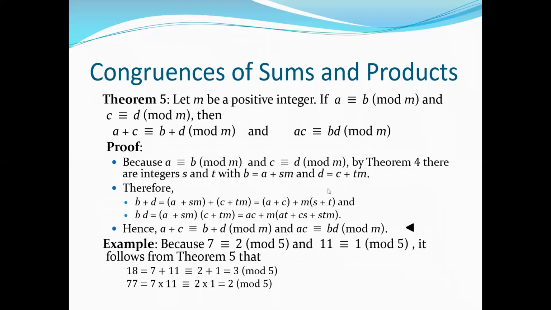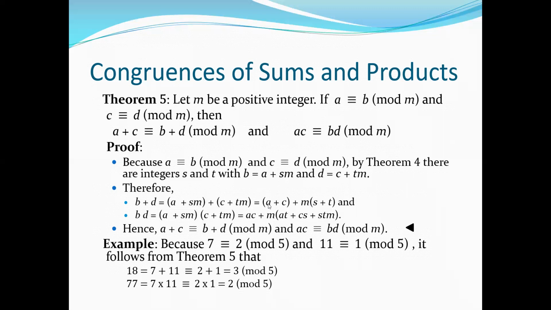Now we have b plus d. Substitute these equations for b and d, then manipulate. We associate sm with tm since they have the same factor m, and factor it out. So we have a plus c plus m times s plus t.